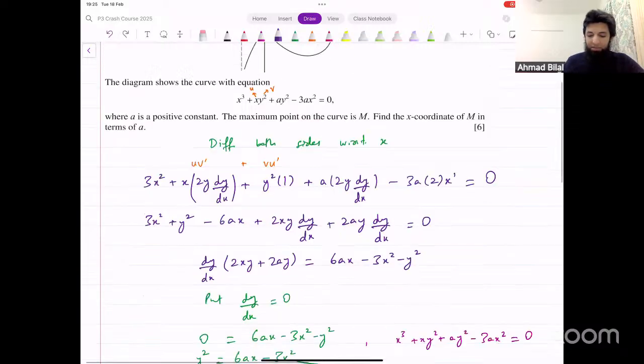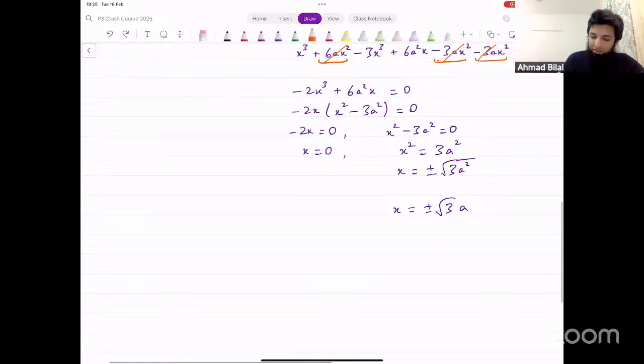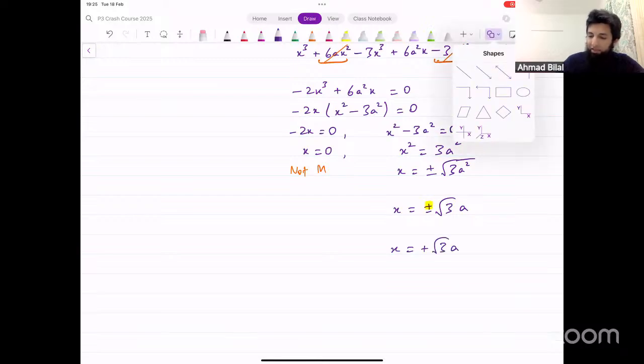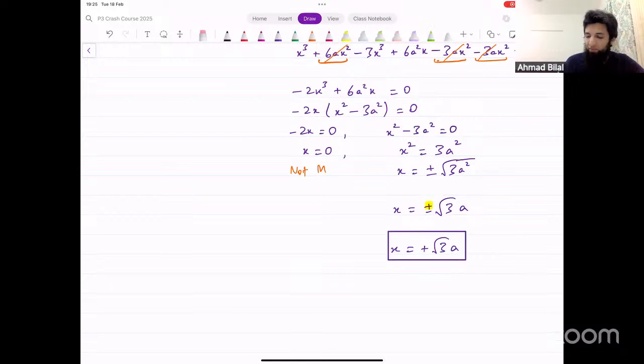What that means is this point x equal to 0, this is definitely not M. Amongst these two as well, we only consider the positive case because the x coordinate of M is supposed to be positive. So x equals plus square root of 3 times a. That's the x coordinate of the point M that we are looking for. And that's your final answer.